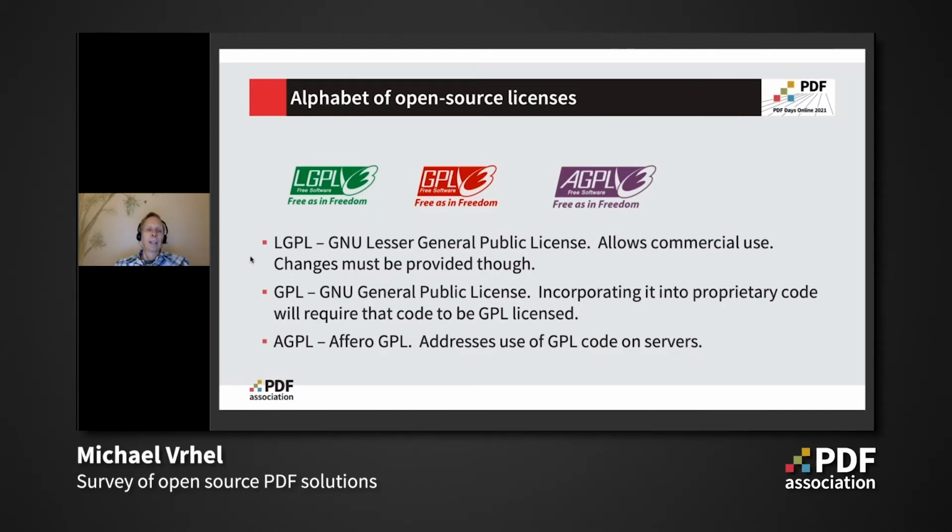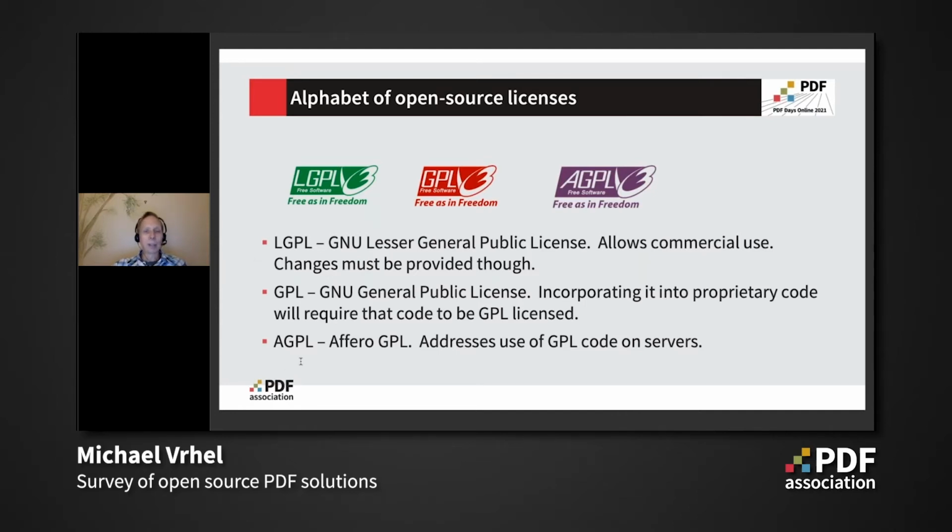And then finally, there's the AGPL, the Affero GPL license, which addresses a loophole that existed in the GPL license, whereby it was possible for people to make use of GPL code and run it on a server and basically provide a service in that way, and basically use it in a way that wasn't really the original intended spirit of the GPL license.